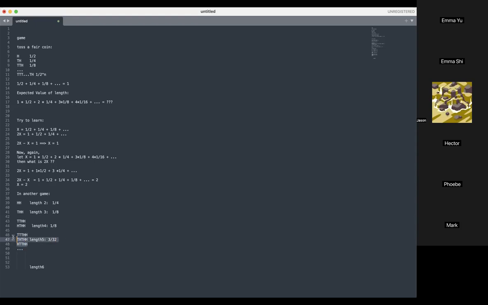Because the last two have to be HH, or else it would end earlier than 5, and the third one has to be T. The only two positions that matter are the first and the second, and there are only 3 options, which are TT, TH, and HT. It cannot be HH, otherwise it would stop at the second position.